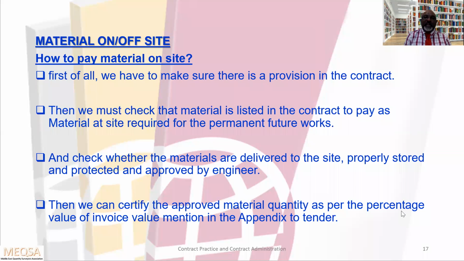First, we have to make sure there is a provision in the contract. Second, we must check that the material is listed in the contract and also that the material at site is required for the permanent future works. And check whether the materials are delivered to the site, properly stored and protected, and approved by the engineer.